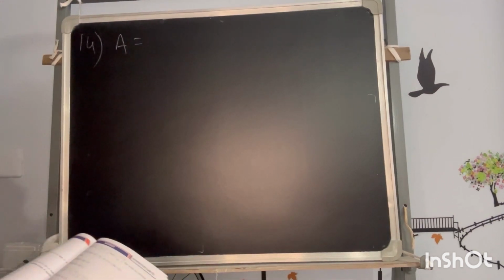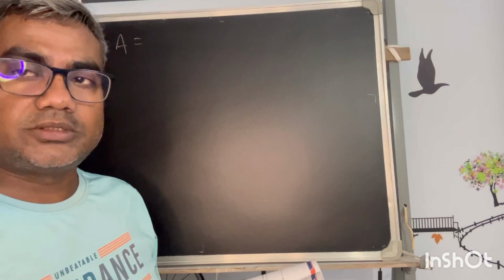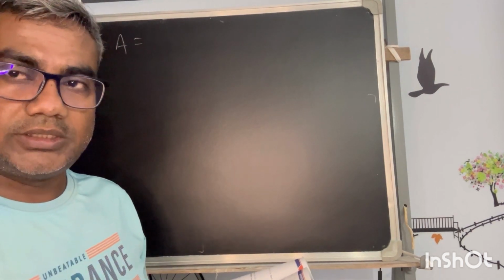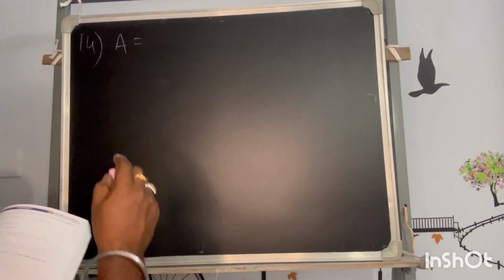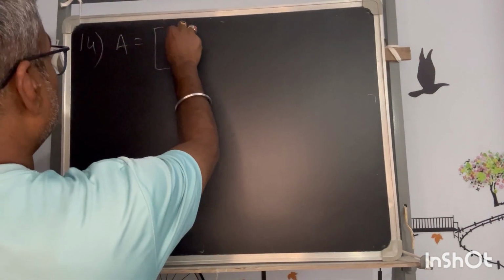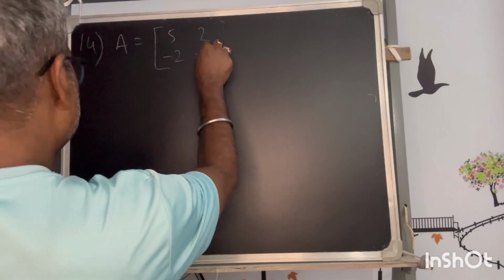Earlier we saw that if the matrices' orders are not the same, it is possible to multiply A into B only if the column of the first and the row of the second are the same. But if you reverse it, if it is an irregular order, meaning not square matrices, then multiplication is not at all possible. But in this case, what we are taking right now is a square matrix where the other way around is possible, but it could be that the results are not the same. So that we have to check.